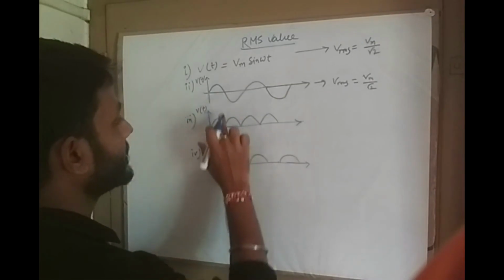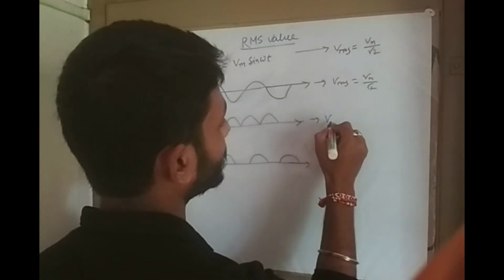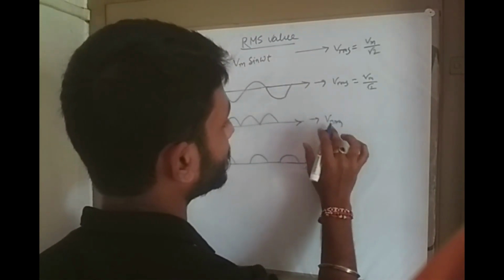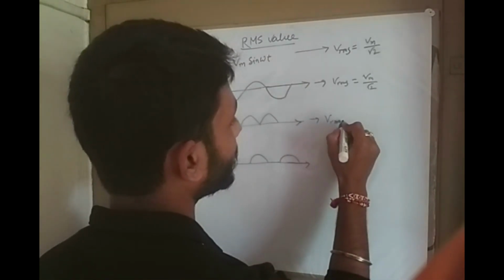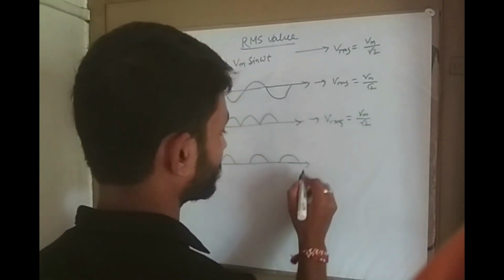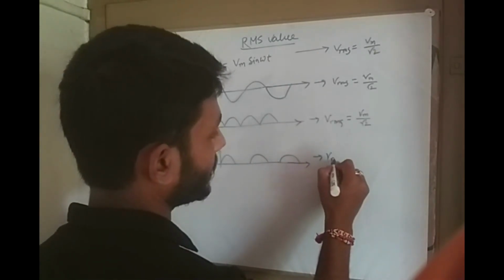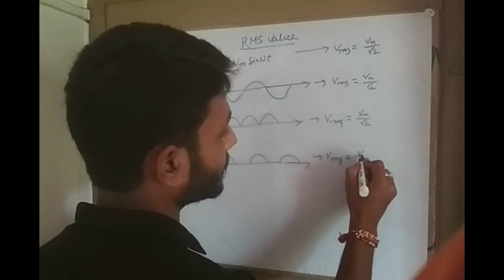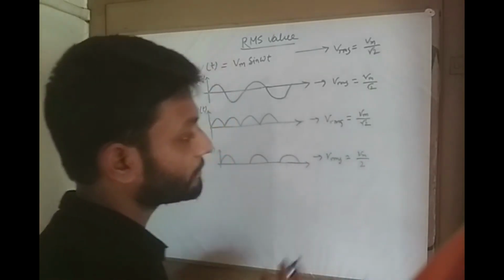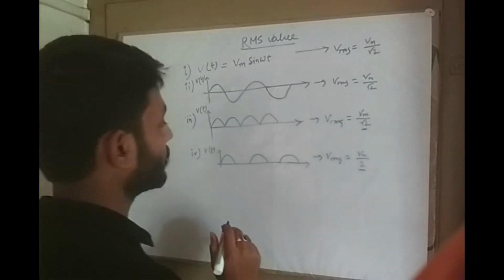Here, this is similar to the sinusoidal, so here also the Vrms value will be the same. And for this half wave signal, the Vrms value will be Vm by 2. Here, notice this is 2 and this one is root 2.